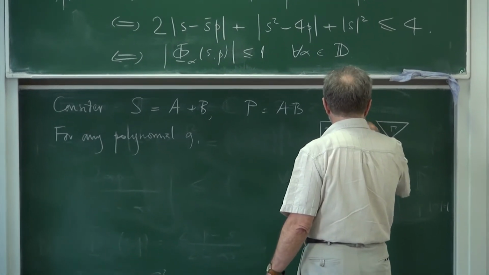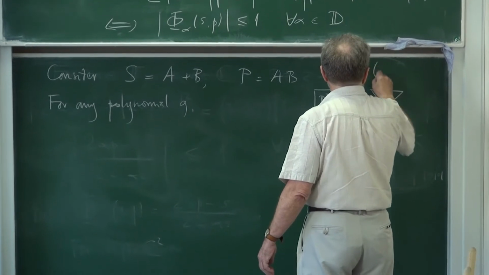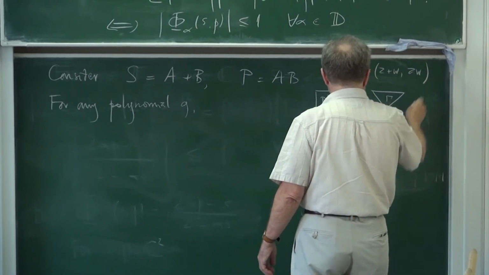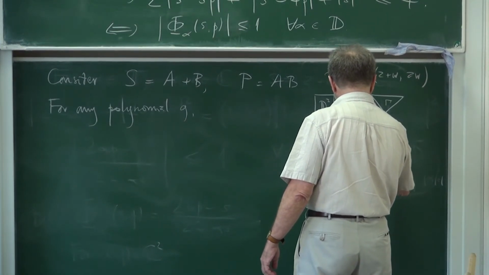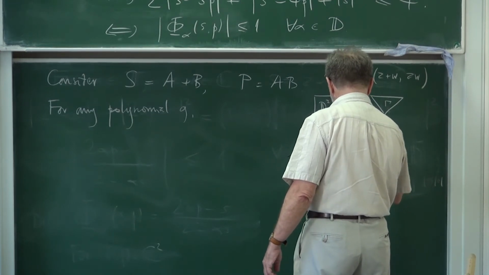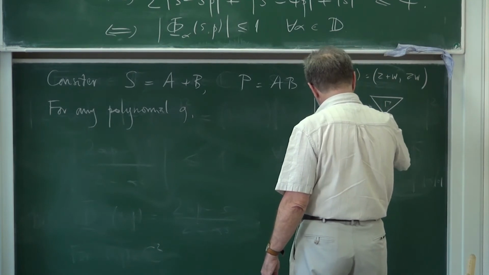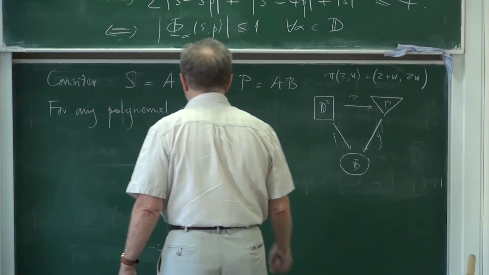Here's the map pi, defined by pi of Z, W is Z plus W, ZW. And I'm going to consider a polynomial G, say onto the disk. And F could be G circle pi.